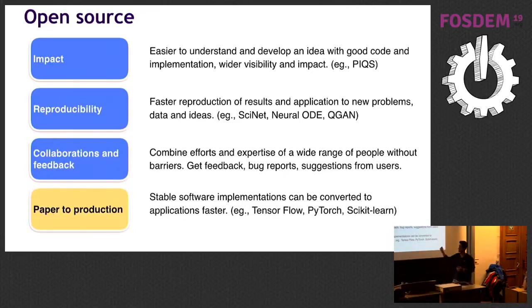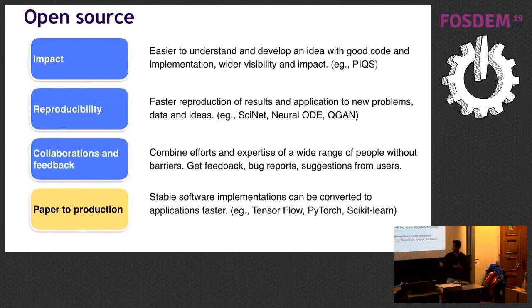And collaborations and feedback: I came into this whole area because of the collaborations I made through QuTiP. So that's a really nice way to make people from different areas come and work with you on your projects or help their projects. And the last thing is something I like to call paper to production. Maybe in quantum physics, it's not so interesting right now. Maybe in AI and machine learning, it's more.